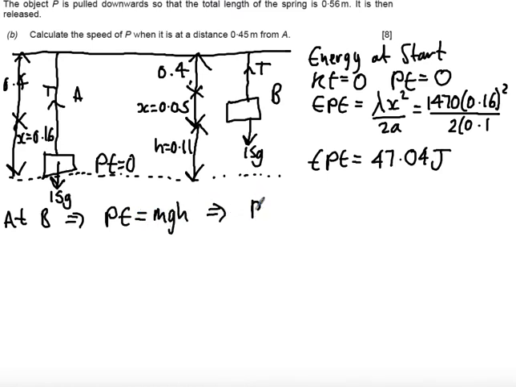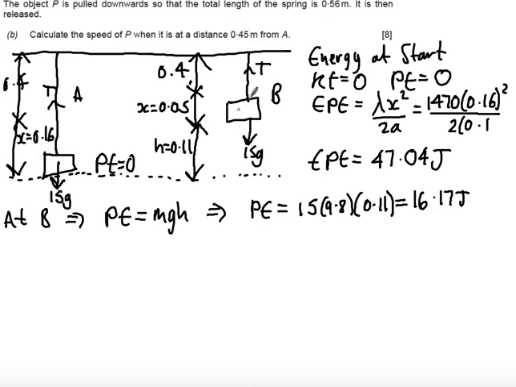So we get the potential energy equals mass, which is 15 kilograms, times gravity, which is 9.8, times the height, which we calculated as the difference between the two heights, 0.11. And by taking the potential energy at the bottom of the system, we get all positive energies. When we work through this, we get a potential energy of 16.17 joules.